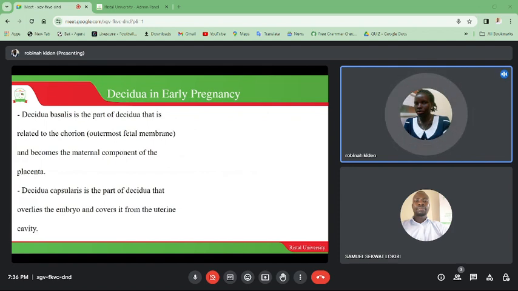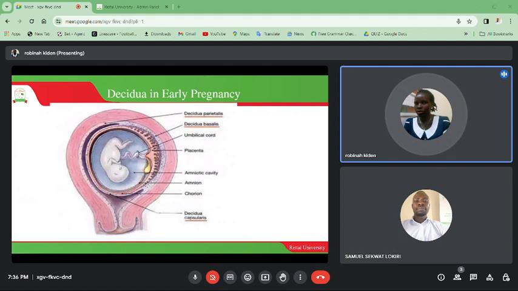The chorion is the outermost fetal membrane. When someone does a vaginal examination, it's the first membrane that the person touches, and it becomes the maternal component of the placenta. So the decidua capsularis is the part of the decidua that overlies the embryo and covers it from the uterine fluid.